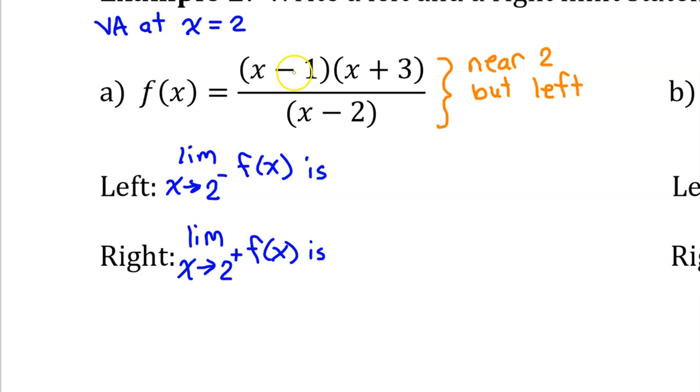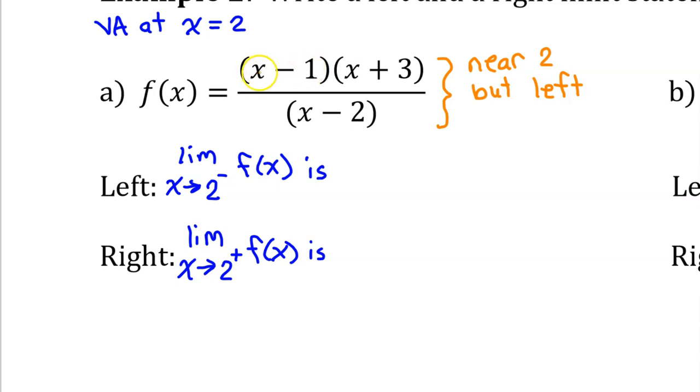All we have to do is to decide whether each of these three factors are positive or negative, near 2, but a little bit to the left. The two factors in the numerator are easy, because the sign near 2 will be exactly the same as the sign at 2.